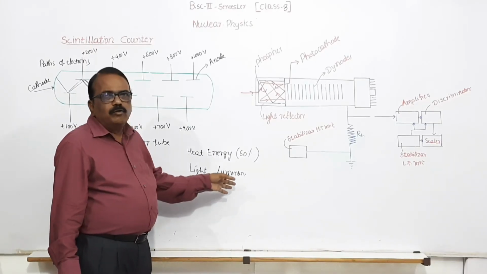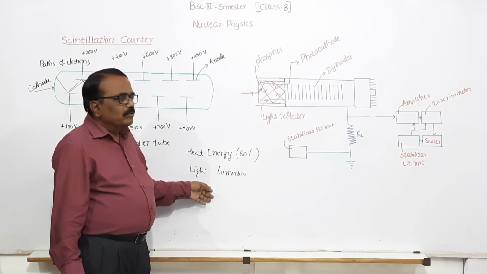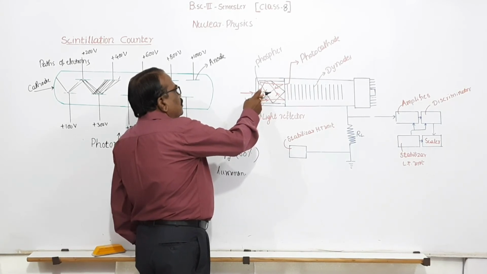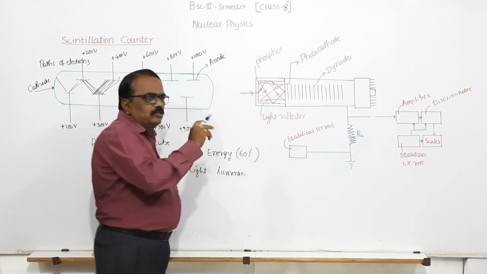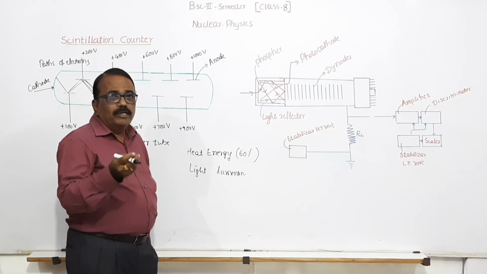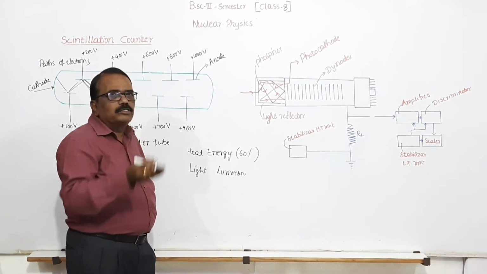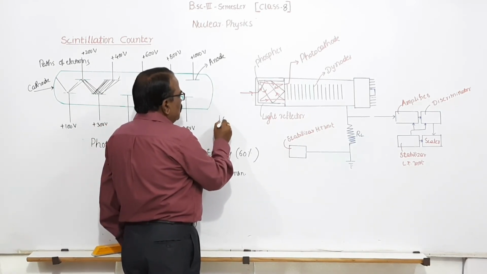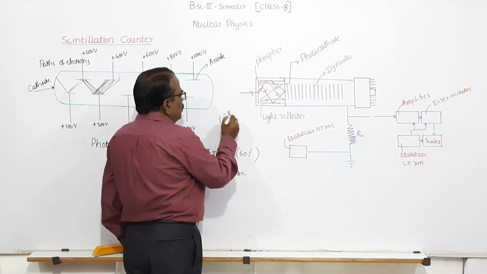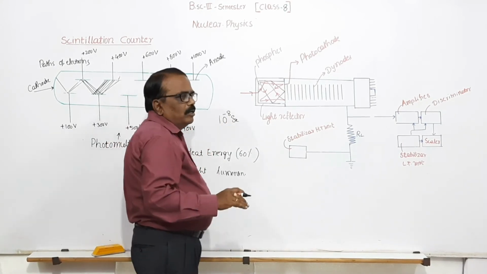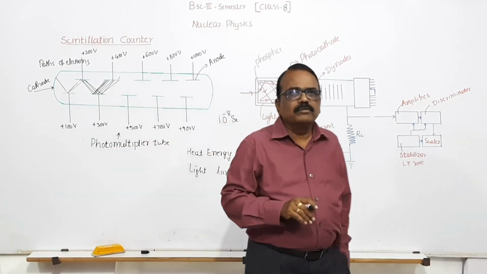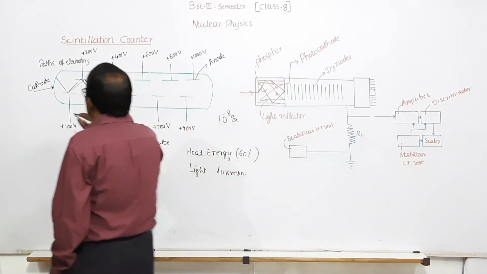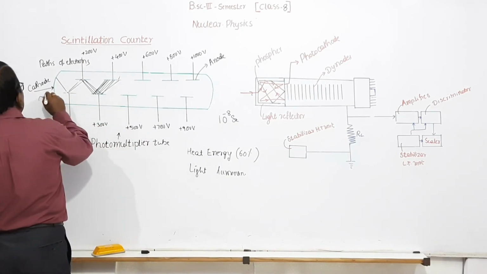In case of light luminescence, this scintillating material, after absorption of the energy of the charged particle, goes to the excited level and remains there for 10 raised to minus 8 seconds, and the material is de-excited by the emission of light photons.